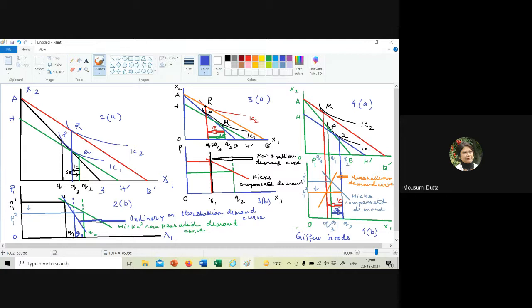Here the Marshallian demand curve is upward sloping.